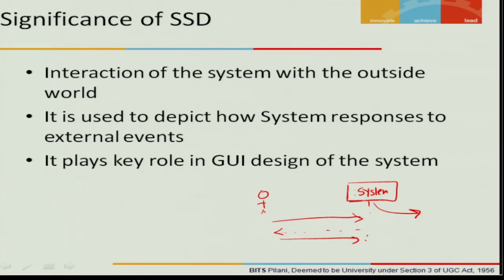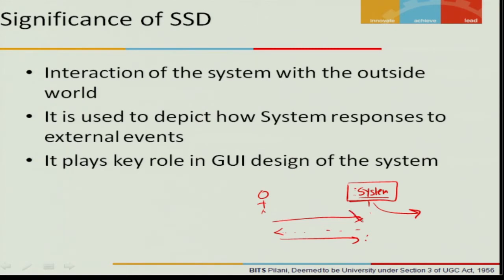It is not giving the detailing of that. So it will not be directly useful for the programmer. What should happen? The designer should take this SSD and make use of it to generate some design artifacts. So what design artifacts can be generated by using SSD?